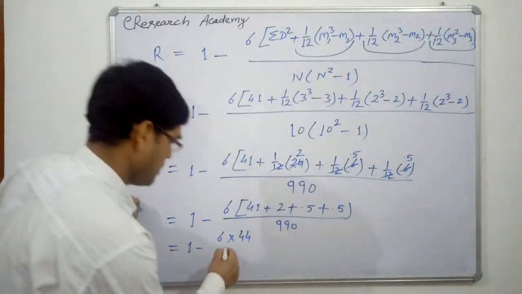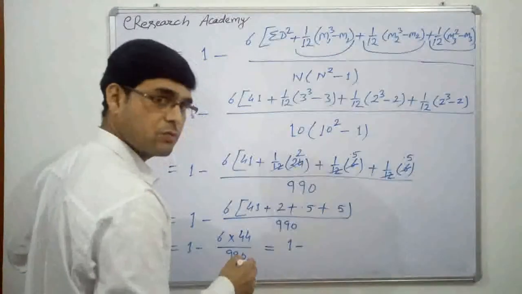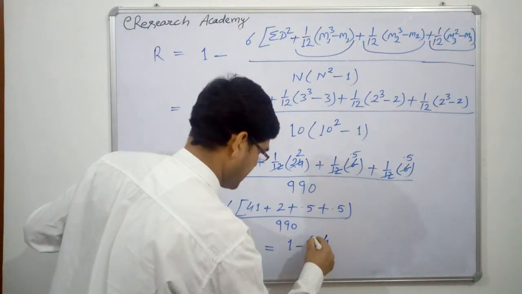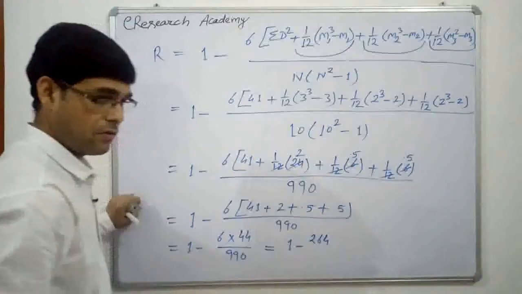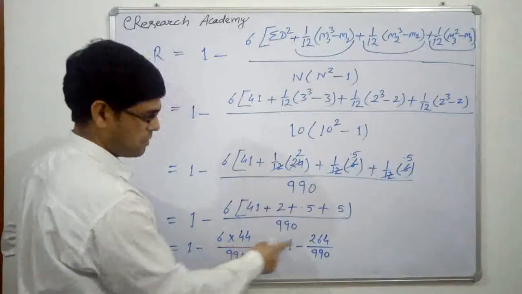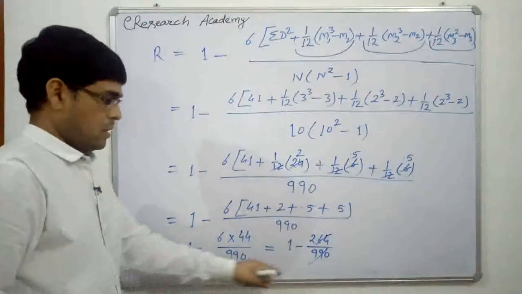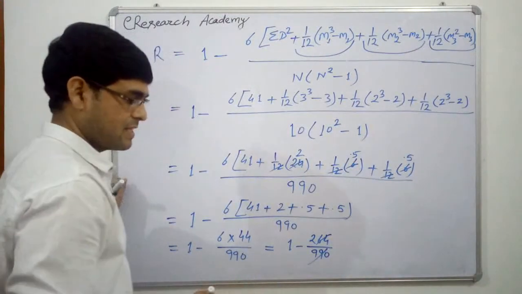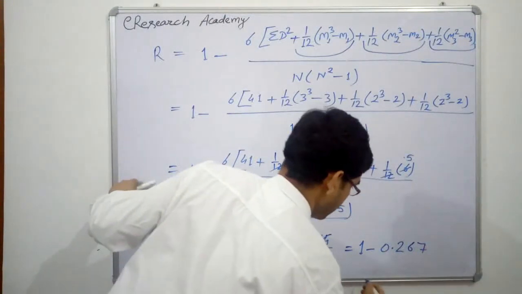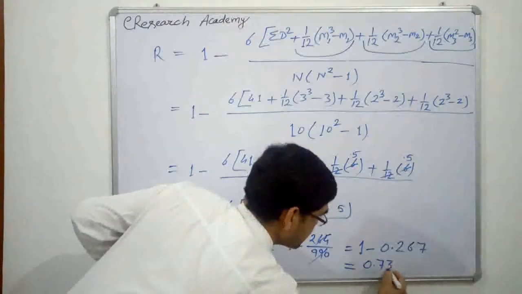That is 1 minus 6 into 44, 264, by 990. If you divide it, this will give you 1 minus 0.267, and our answer is 0.733.